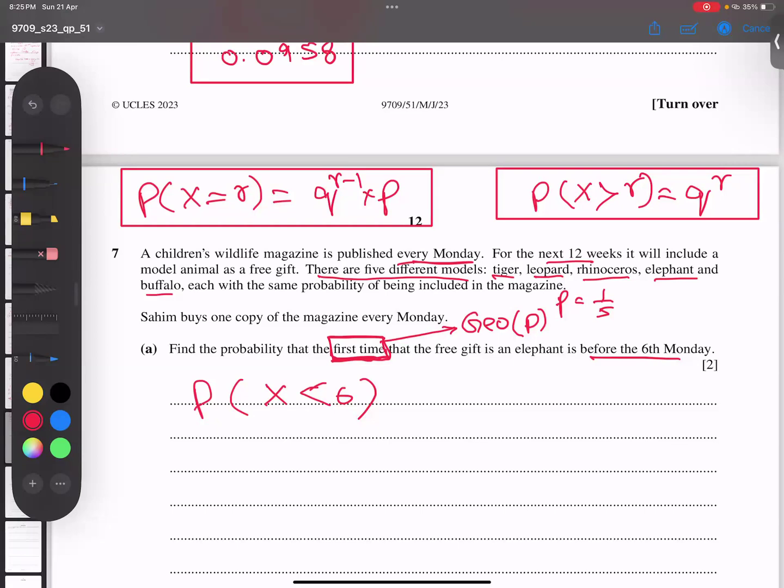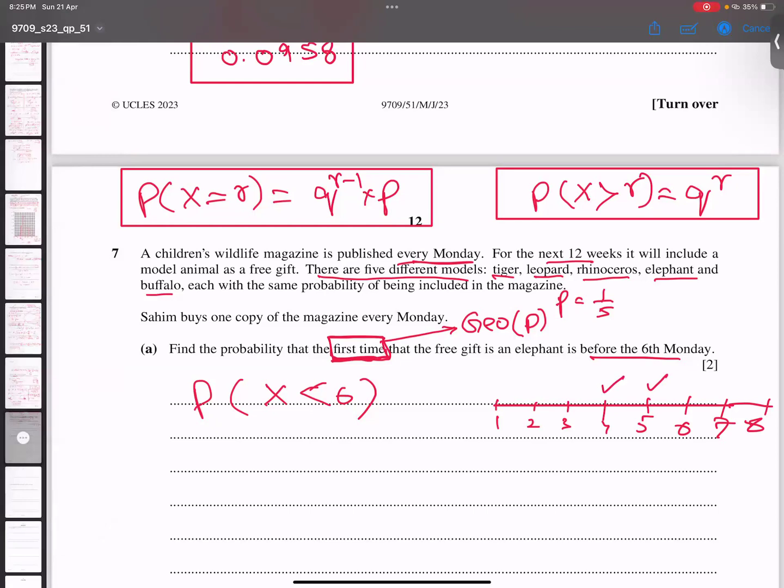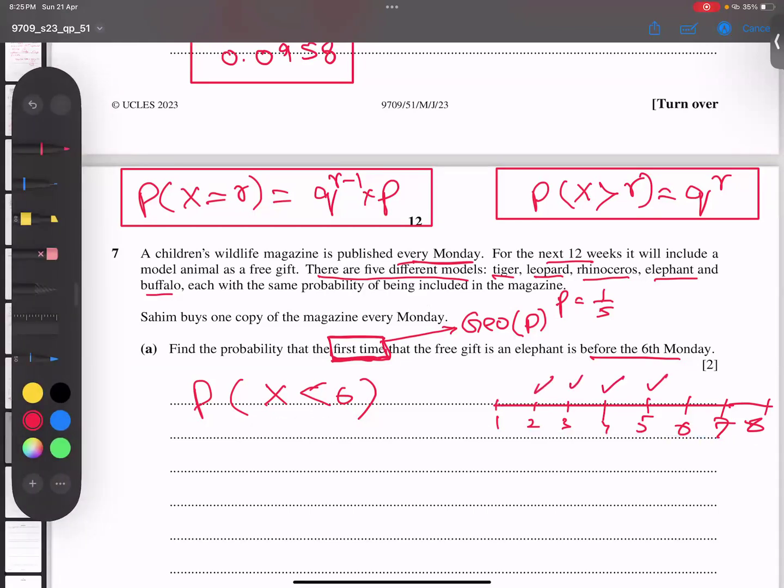So when you talk about 1, 2, 3, 4, 5, 6, 7 and 8, and you talk about less than 6, I need 5, 4, 3, 2, 1. I need all of them. Wait a minute, I think that was the correct formula.